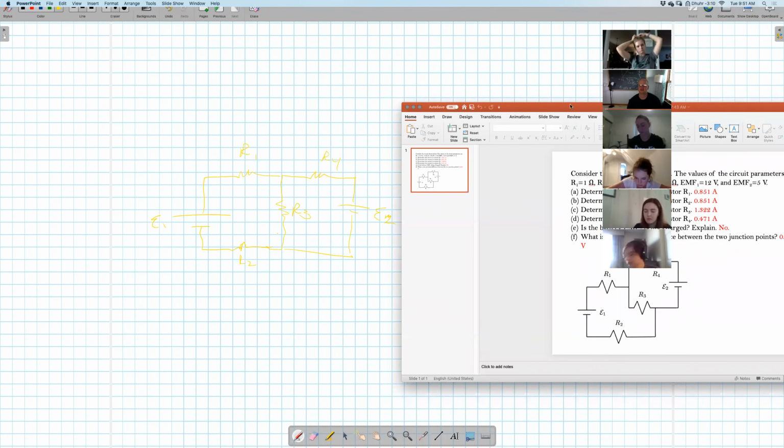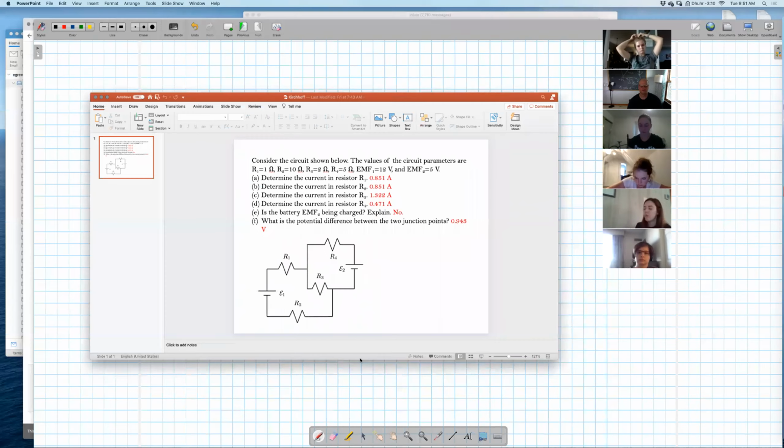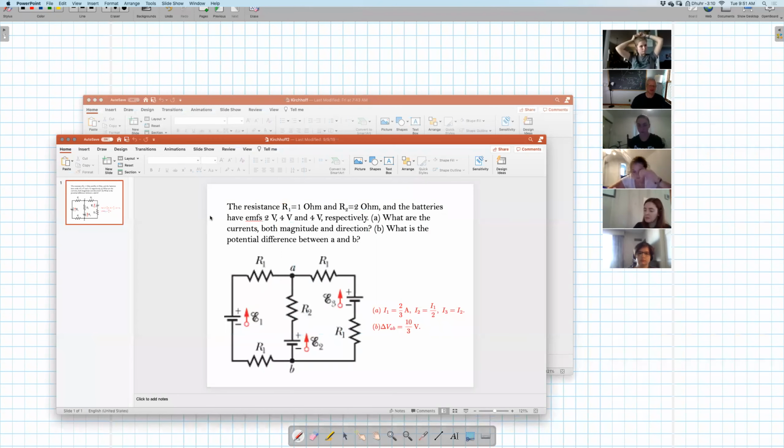Okay. So that's group exercise number 1. Group exercise number 2 is basically similar. This is now with 3 batteries. So this says we have R1, which is R1 here, here, here, and here. All of those have 1 ohm of resistance.